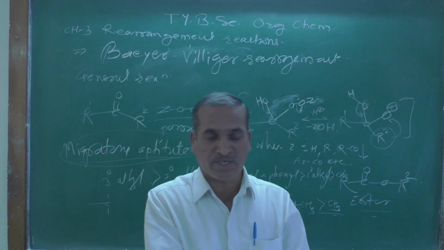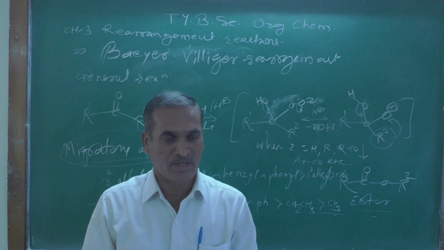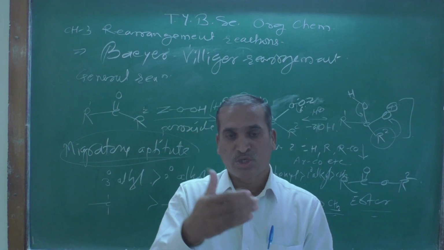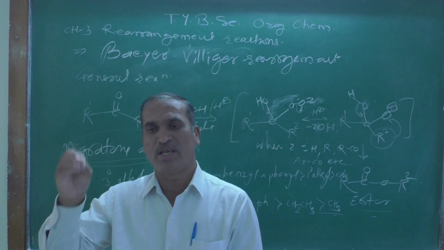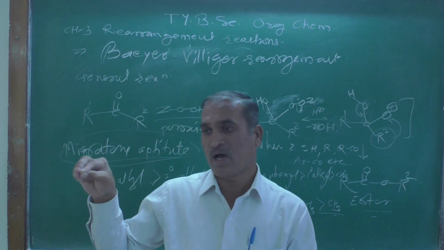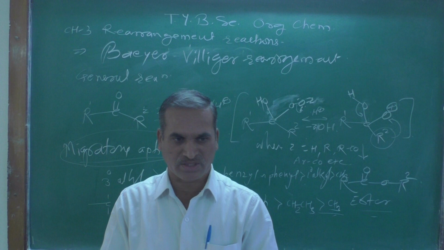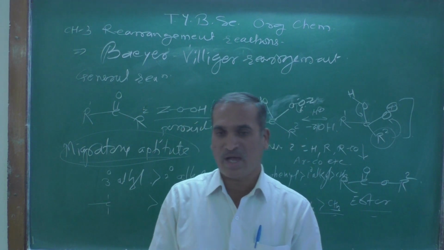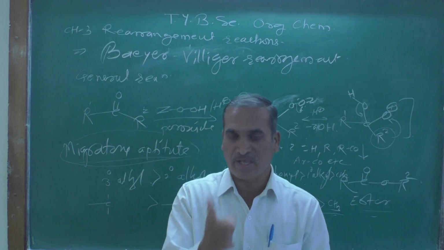So your substrate has an R configuration, the product must have an R configuration. These kinds of reactions are known as stereospecific reactions. Stereospecific means only those expected, desired products are obtained.